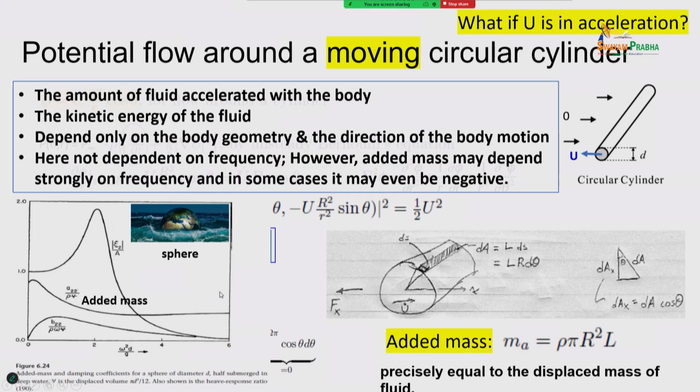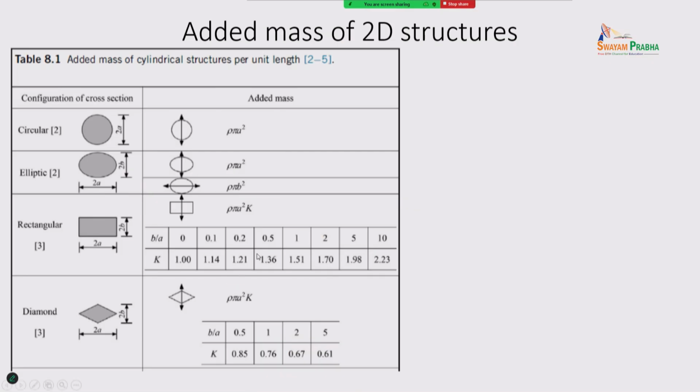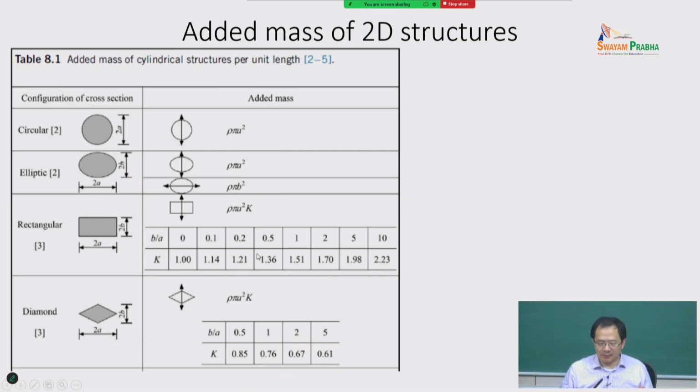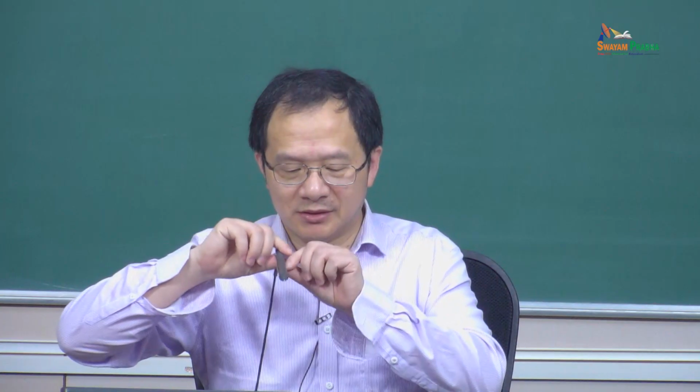Now I mentioned that it depends on different geometry. Here is a table, and you can see it shows different geometries and their added mass effect, right? This is a two-dimensional one, and this is a cylinder shape. If the cylinder is not a round shape, it can be a different shape and the cross section matters.